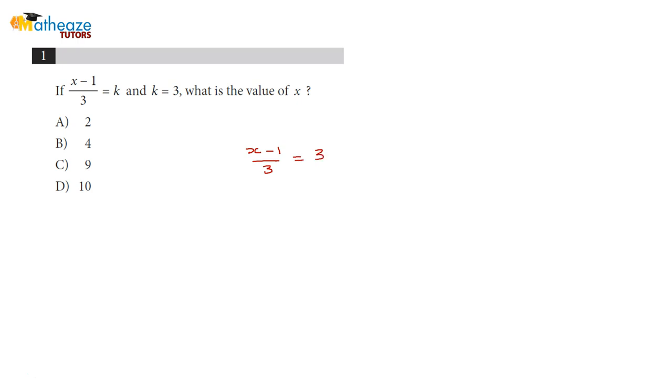We can rewrite both sides as fractions, so we have 3 over 1, and then we can have a cross product here, so that gives us 1 times (x minus 1) equal to 3 times 3. So x minus 1 equal to 9, and so we add 1 to both sides of the equation, so x equal to 10. So our answer there is D.